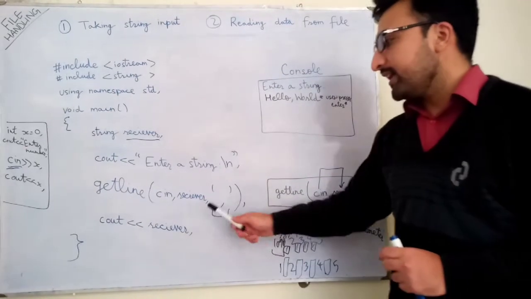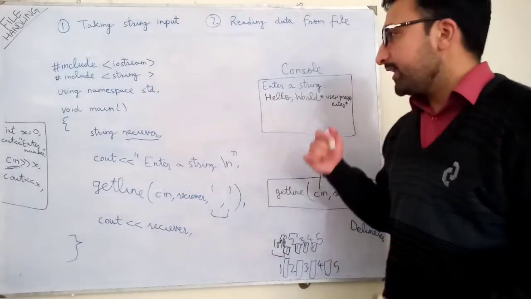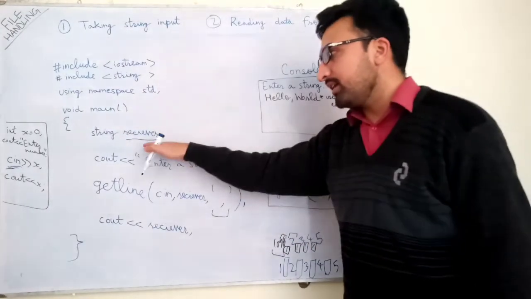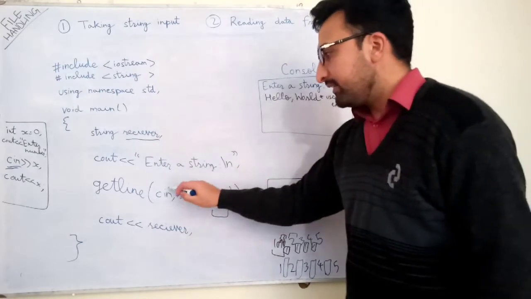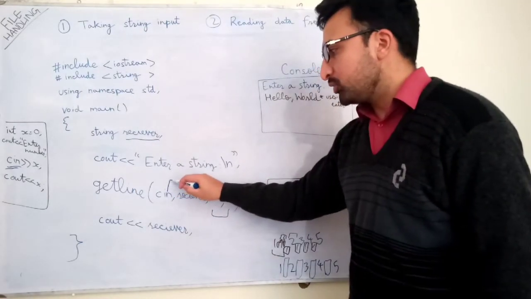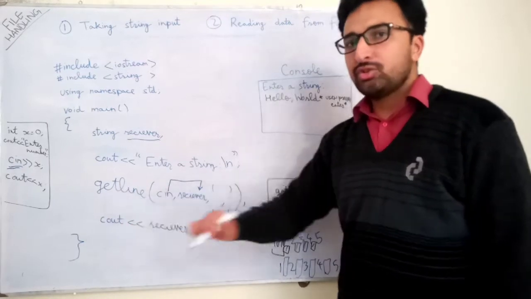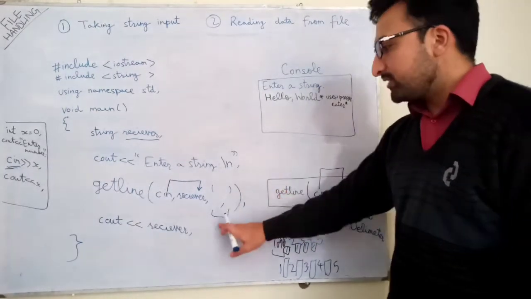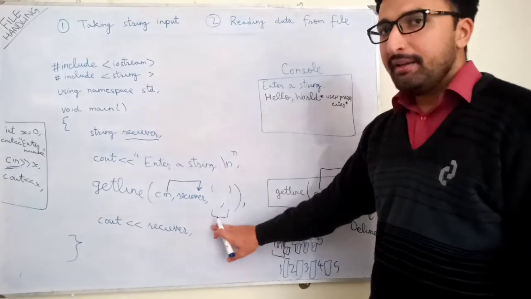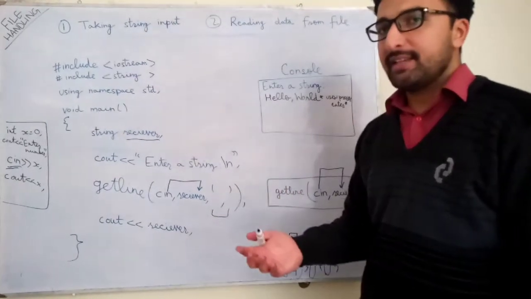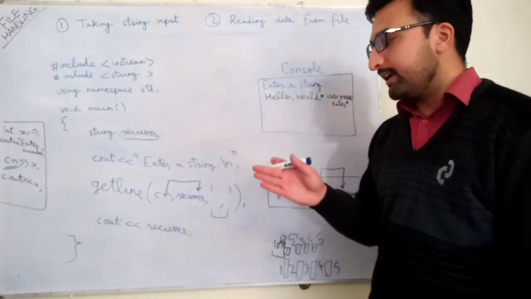So what will be stored in the string receiver? The data was input from the console into the variable receiver. However, the getLine function stopped reading as soon as it encountered a comma, because the comma was the delimiter that marked the end of the input.